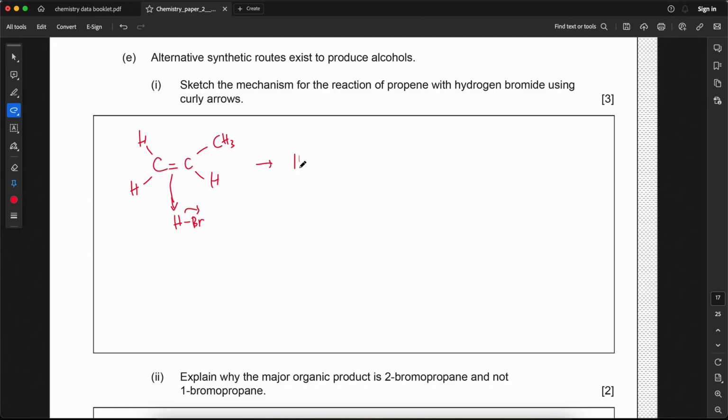That would be HCHH, and it will produce carbocation intermediate and Br minus will react quickly, produce addition product.